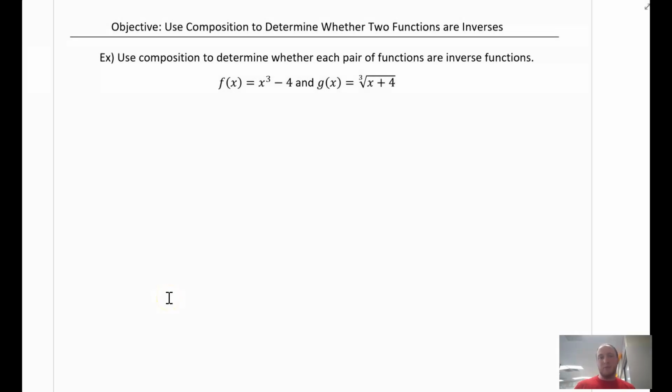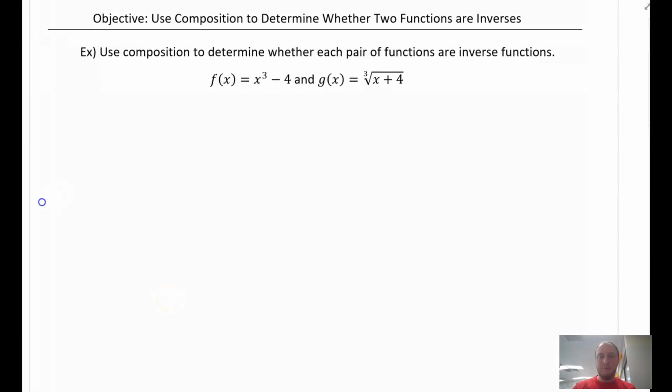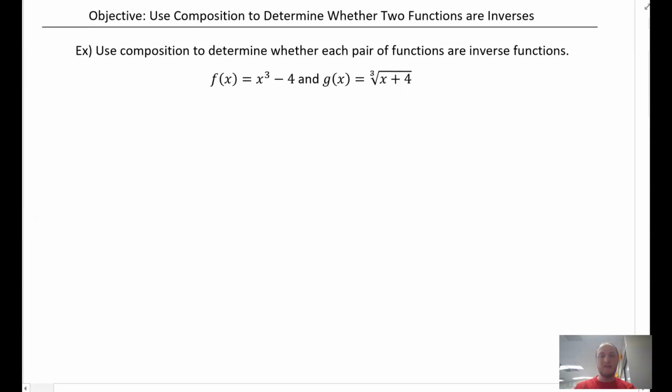So here in this example, we have f of x, which is x cubed minus 4, and g of x, which is the cubic root of x plus 4. And what we want to do, step one, is check, is f of g of x equal to x?